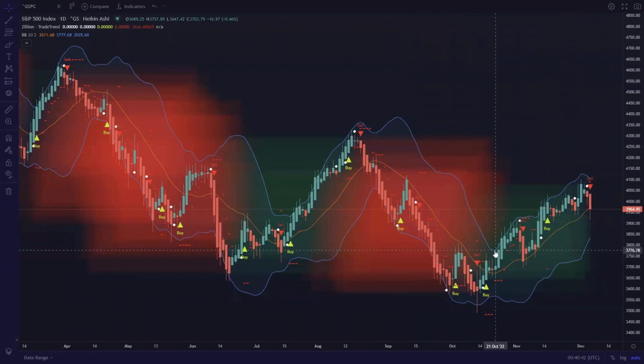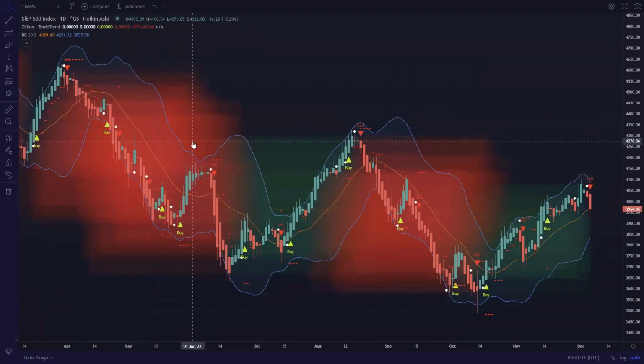So it can help us identify trend direction. But I don't like to use Heikin Ashi charts by themselves as a sole means of decision-making for a strategy, because you can get tricked and whipsawed. Here's an example, a big sell-off. Most of these Heikin Ashi candles are red, but in between we've got periodically some green bullish candles.